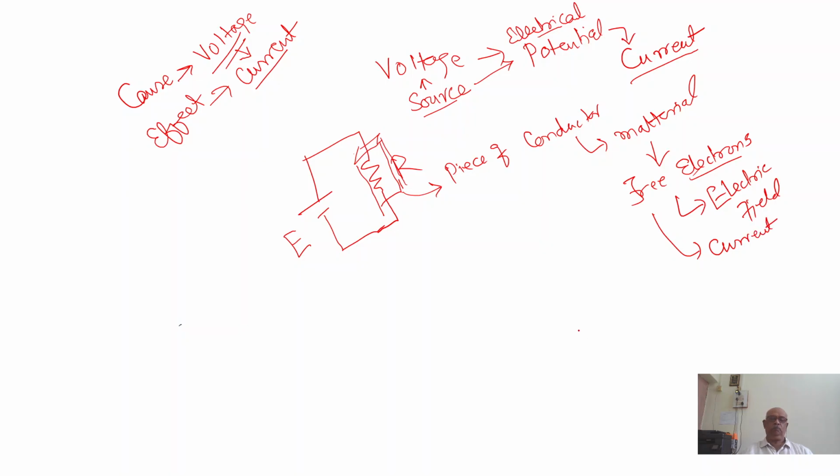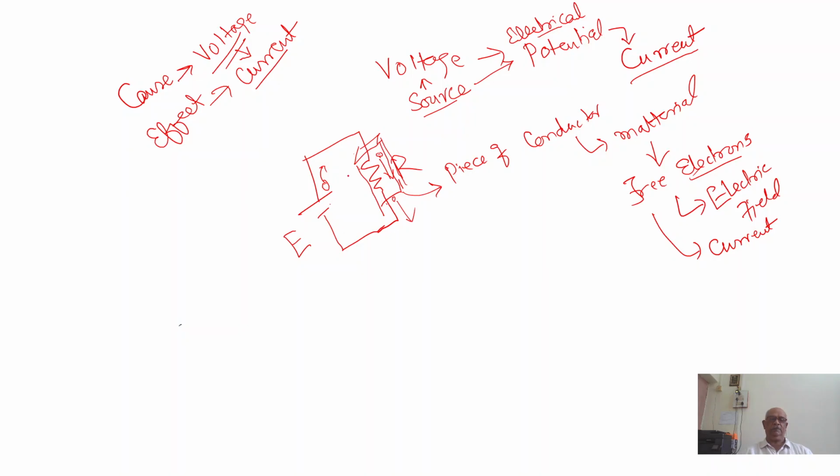Right. Now the question is, if you move these charges or the electrons from one point to another, at the boundary of the conductor, where does it go? Does it go to the space? No. So it goes back to the source. From the source, an amount of charge comes out, goes to the conductor, and then returns back.